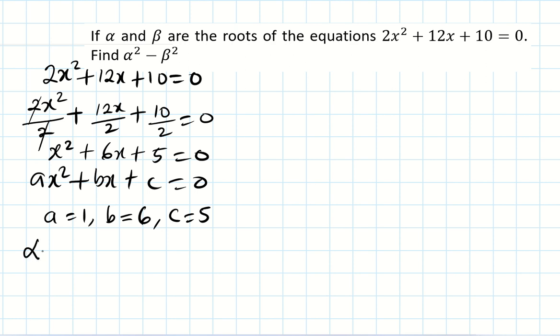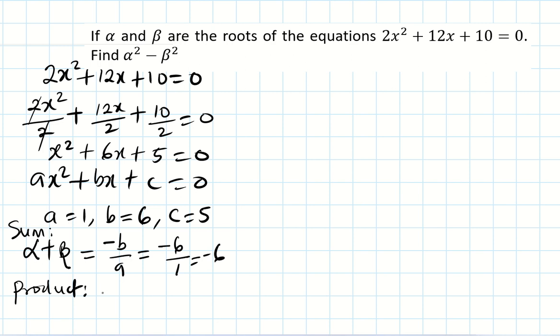So alpha plus beta, which is the sum of the roots, is equal to minus b over a, which is minus 6 over 1, which is minus 6. Now, the product of the roots is alpha beta, which is c over a, which is 5 over 1, which is equal to 5.